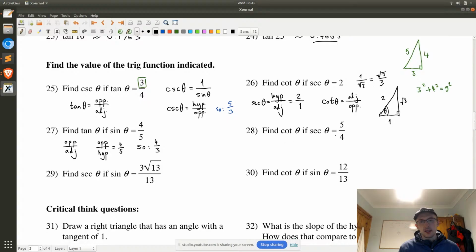Okay. Cotangent of theta, if secant of theta equals 5 over 4. Cotangent of theta, I immediately replace it with adjacent over opposite. Secant of theta, that's 1 over cosine, so I remember, hypotenuse over adjacent.